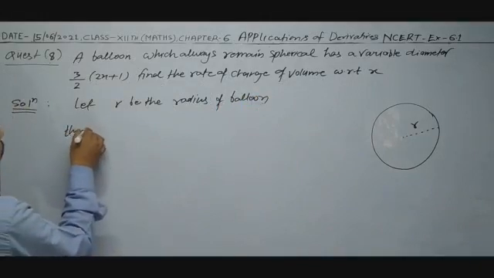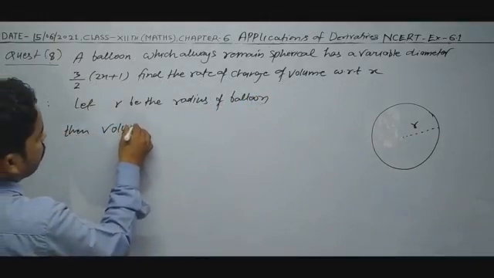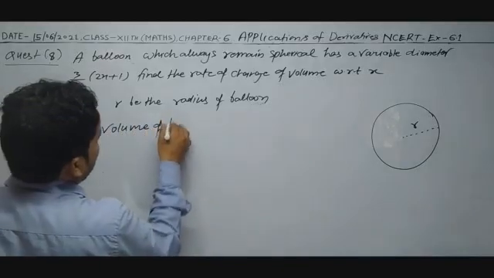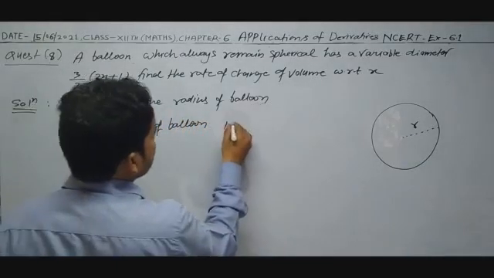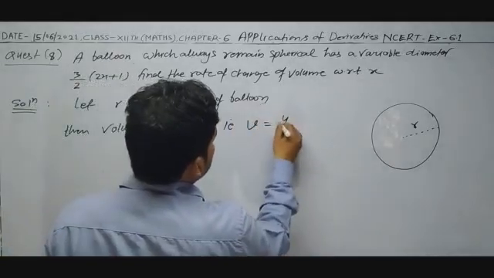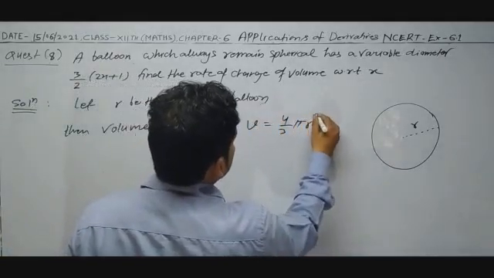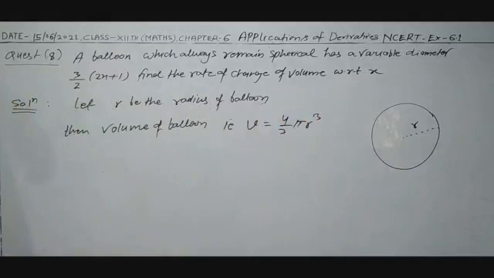Then the volume of the balloon, that is V, is equal to 4 by 3 pi r cube.